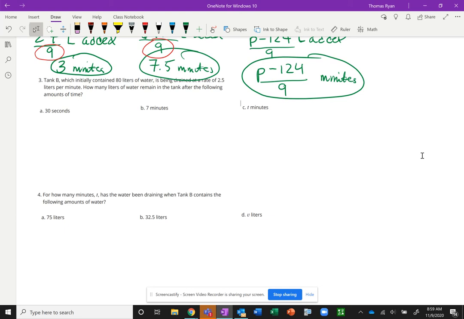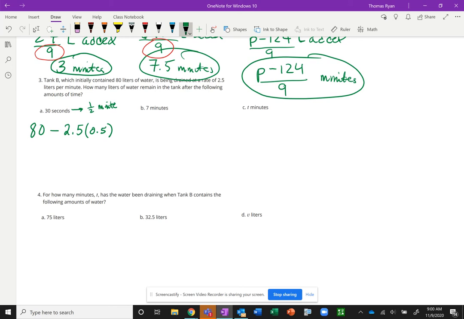So we need to do our 80 liters of water minus, because it's draining, 2.5 times, but wait a minute, once again, we need consistent units. So we know 30 seconds is 1/2 of a minute, or 0.5. So I'm going to use 0.5.